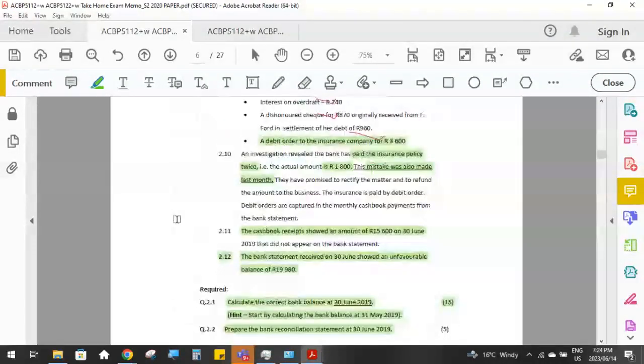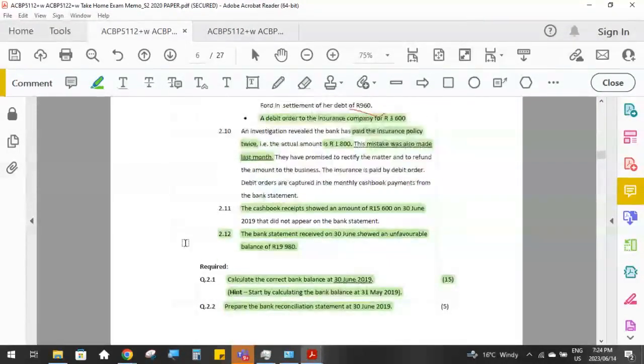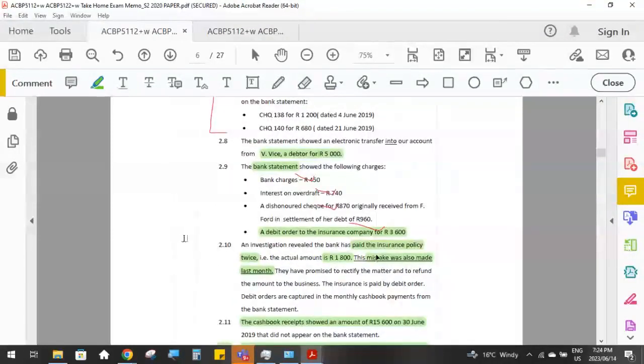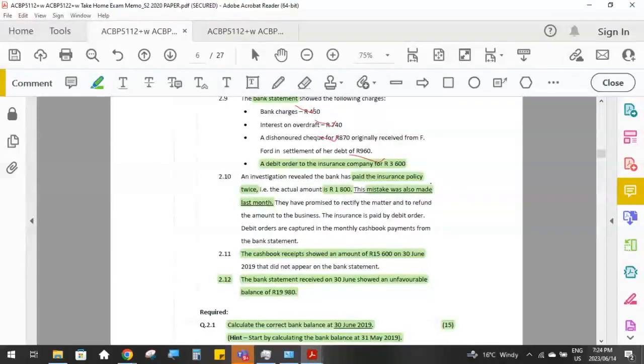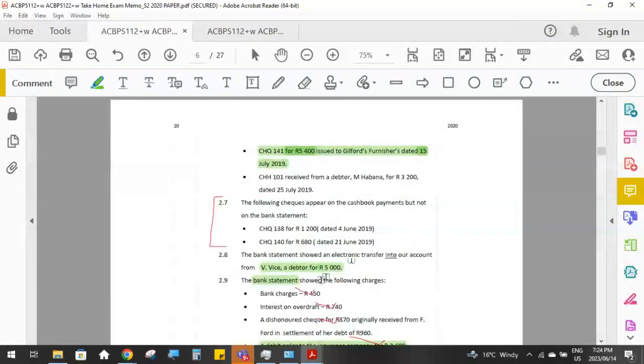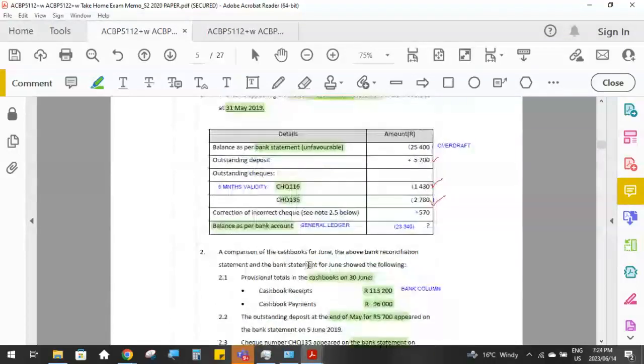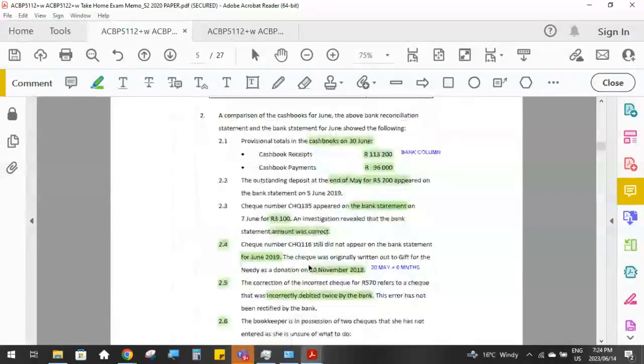Where's that? I can't see it immediately. Anybody else see it? We did that.